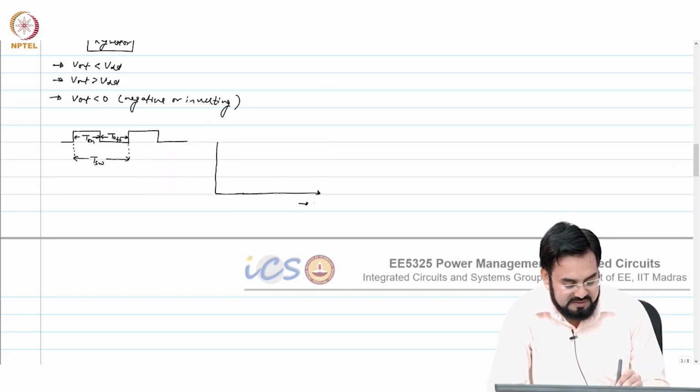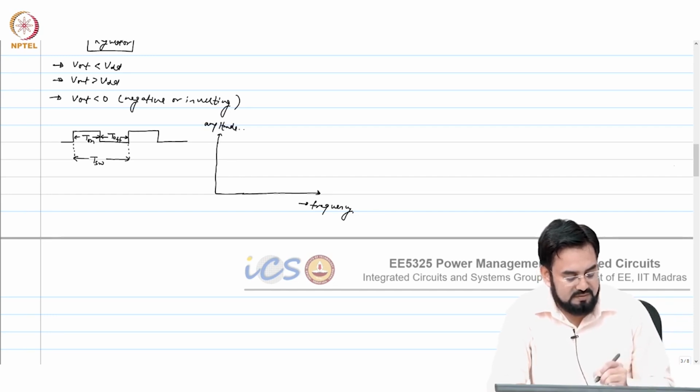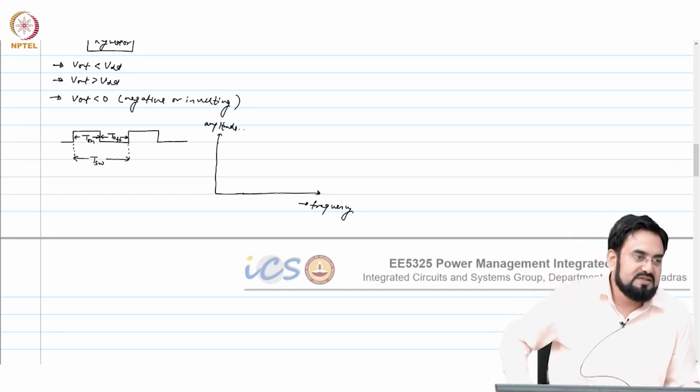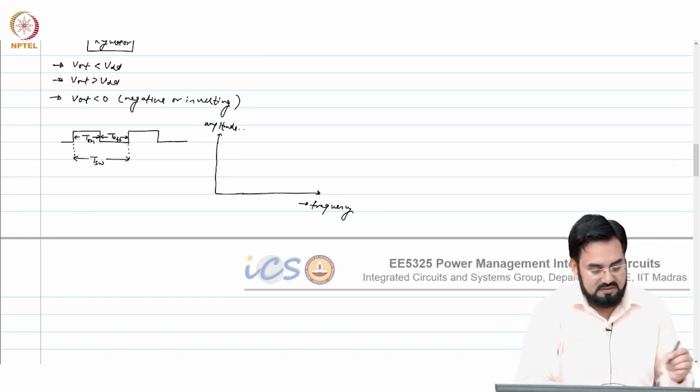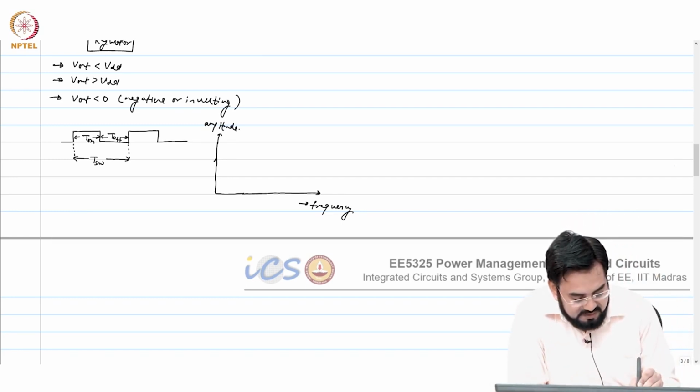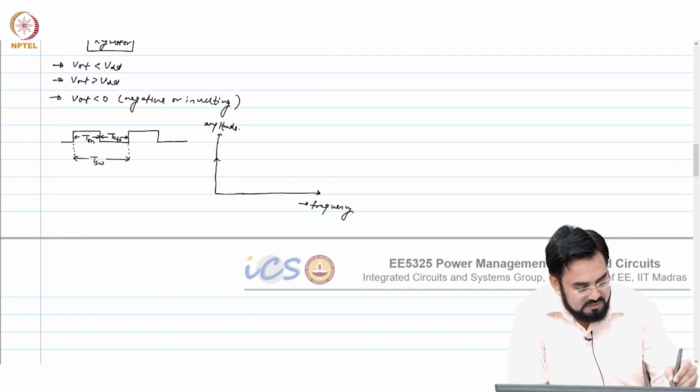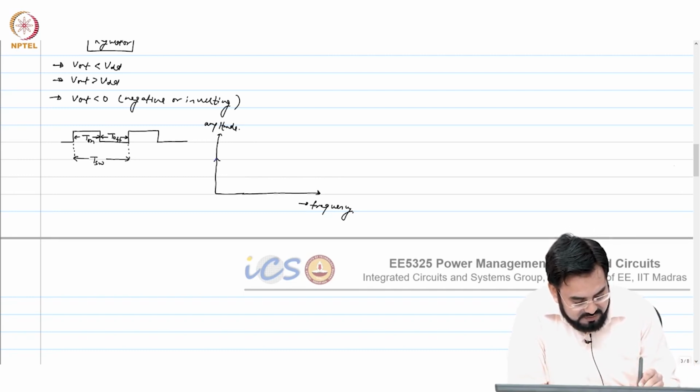If this is your frequency, and this is your amplitude, what is the first component it will have? It will have a DC component. So, let me draw.